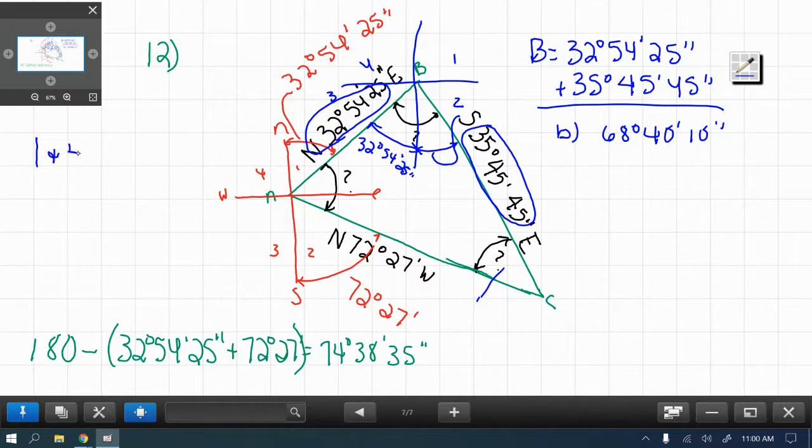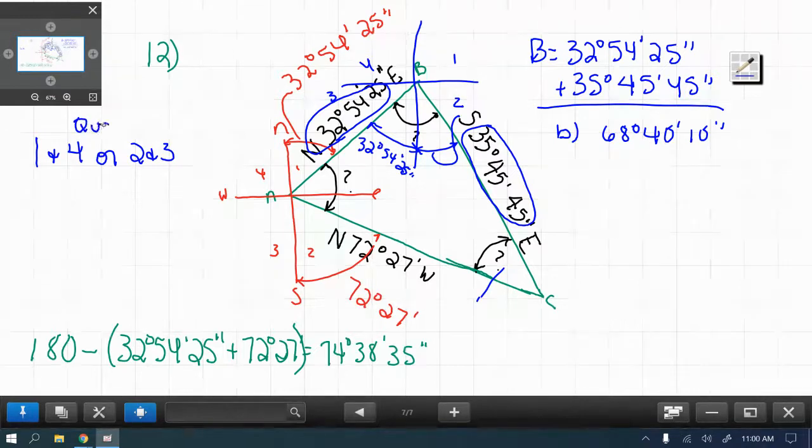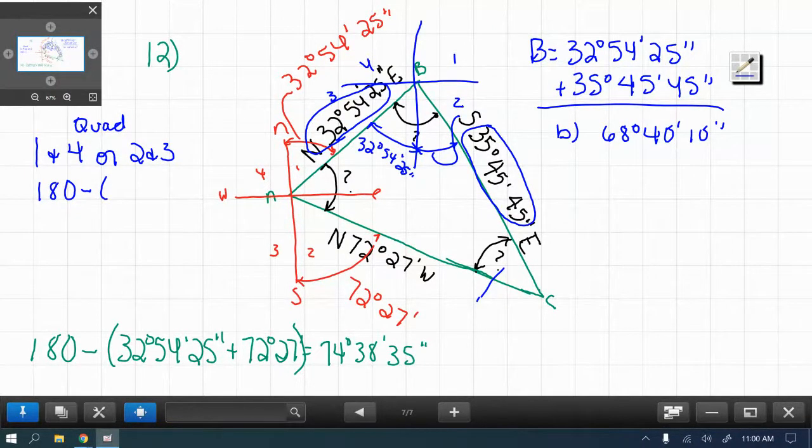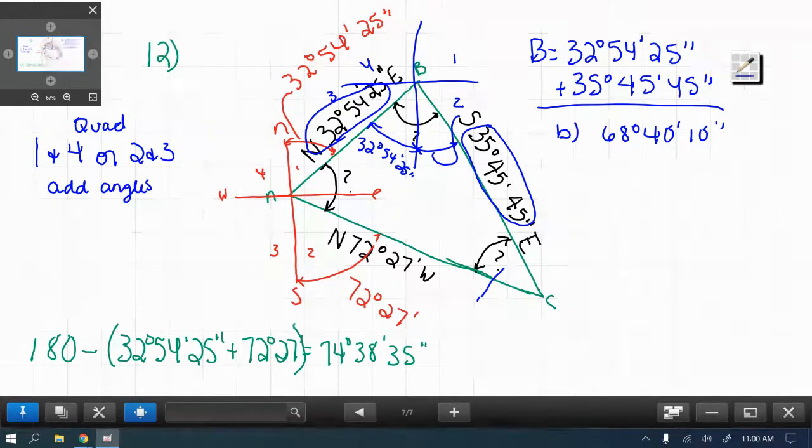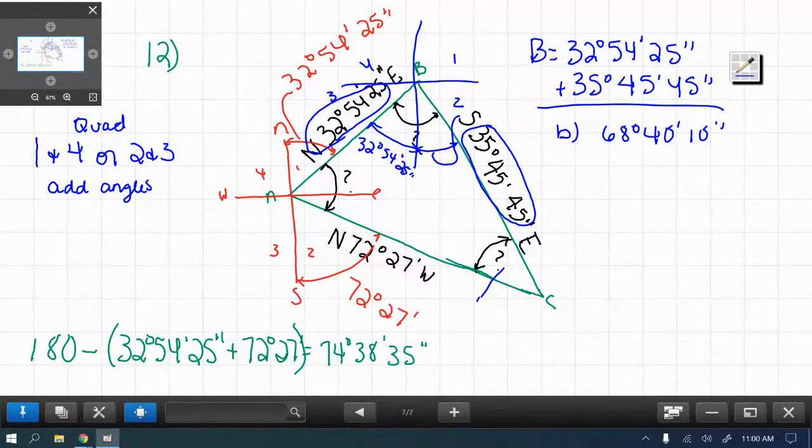If they're in 1 and 4 or 2 and 3 quadrants, you just add the two angles.